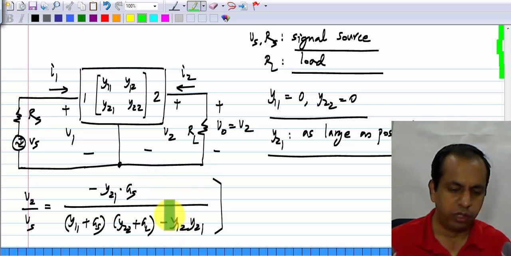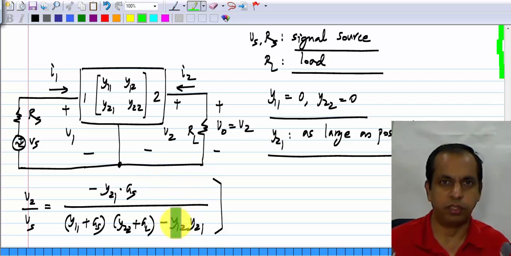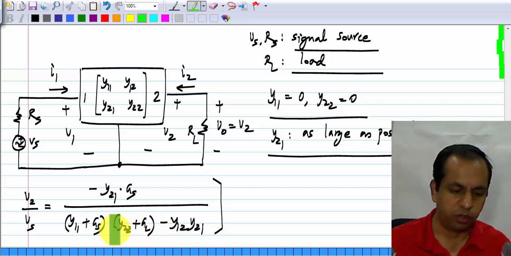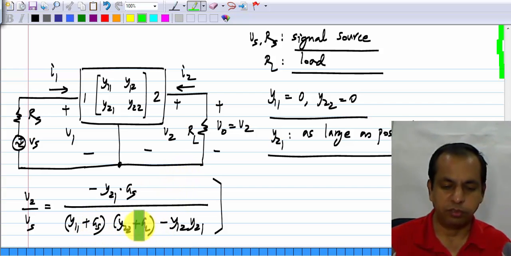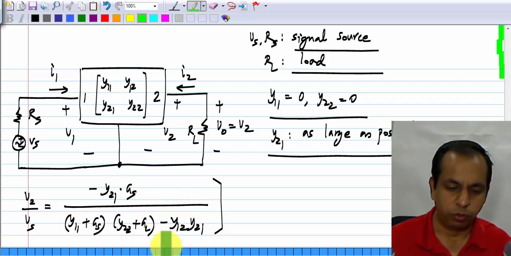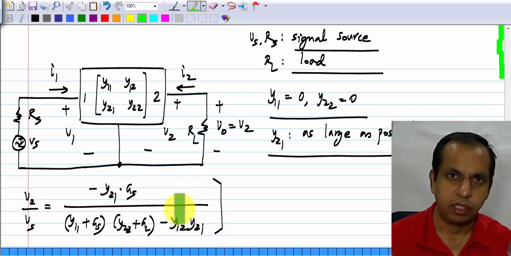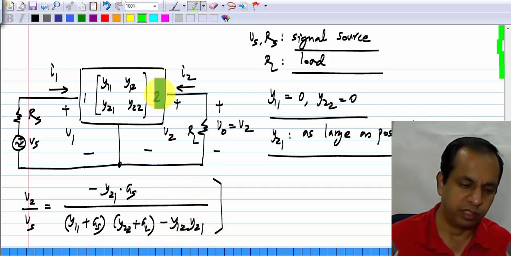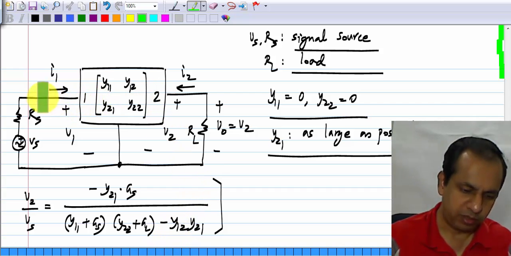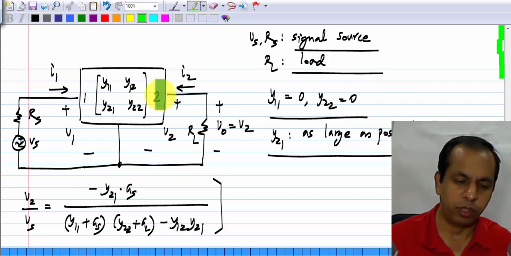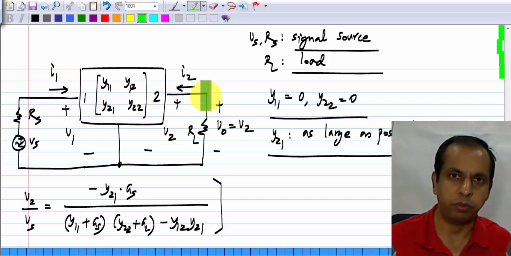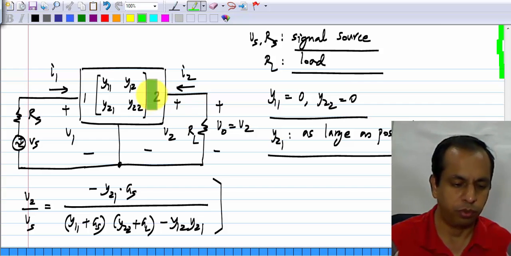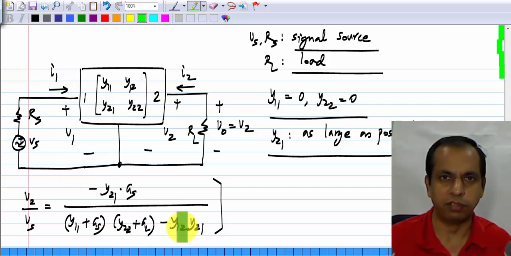So although it is possible to play with the values of Y12 in order to maximize this expression, that depends on the precise values of GS and GL and so on. So we don't want to even get into that complication. The safest alternative is when Y12 is 0, that is internally there is no feedback. If you apply a signal to port 1, it passes it on to port 2, but if you apply a signal to port 2, nothing comes to port 1. That's the safest one.